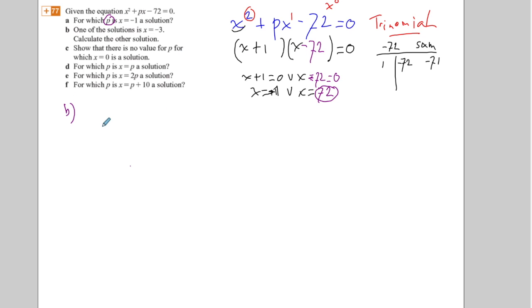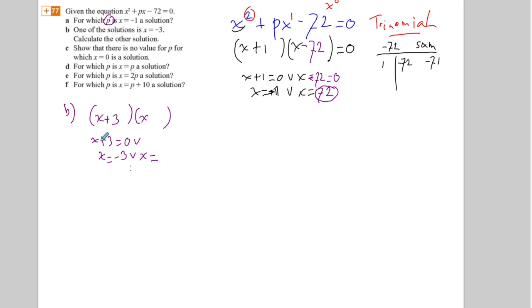Second question. One of the solutions is x equals minus 3. I am dealing once again with two pairs of brackets, and I know x equals minus 3, or x equals. This means that I do have x plus 3 equals 0, or. And I'm still dealing with an x and an x. And this one is plus 3.